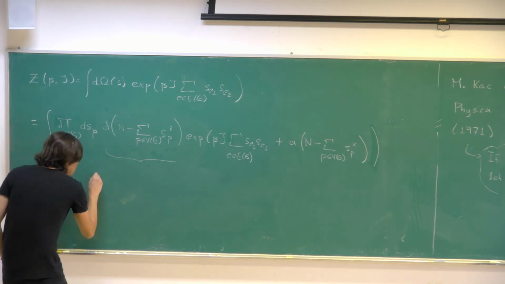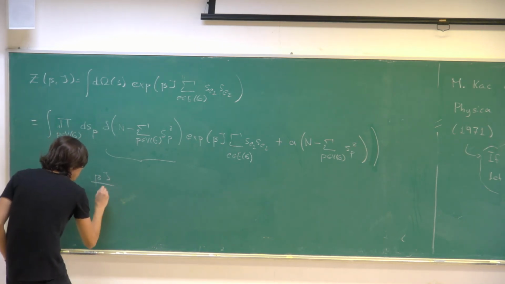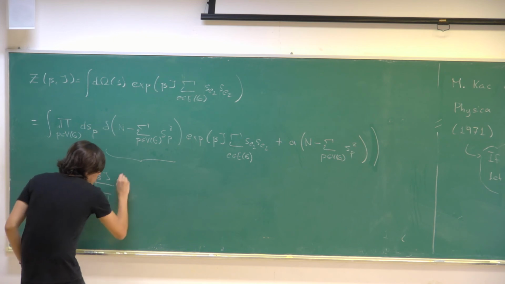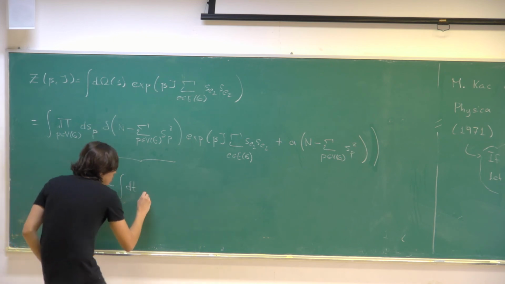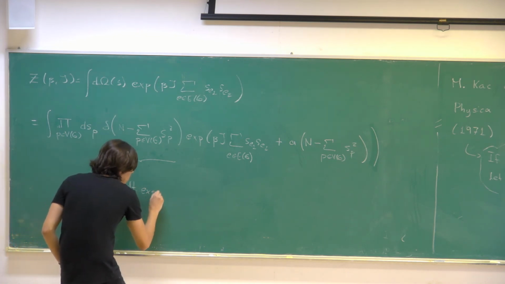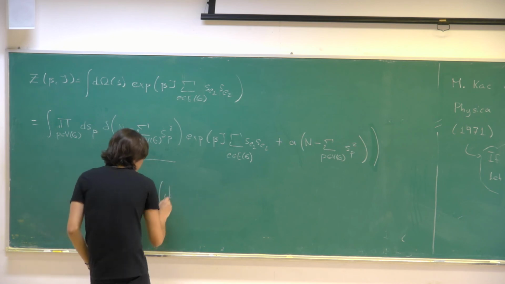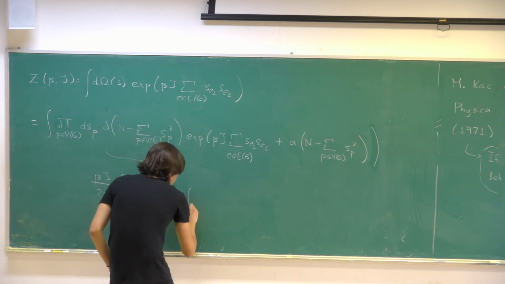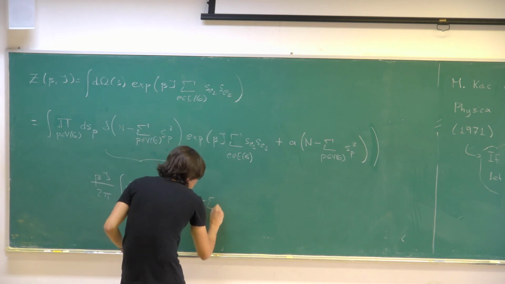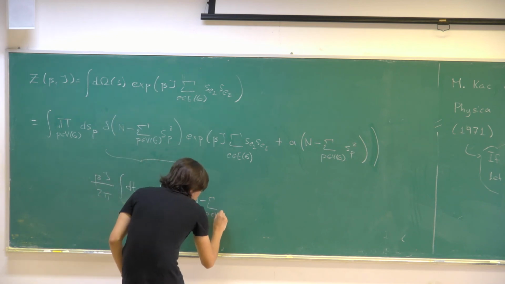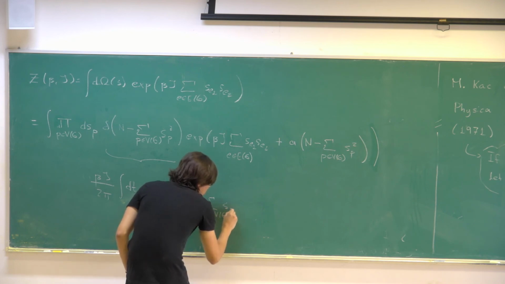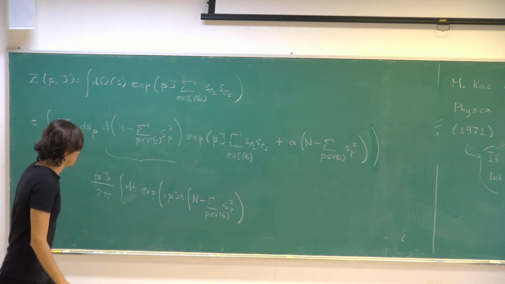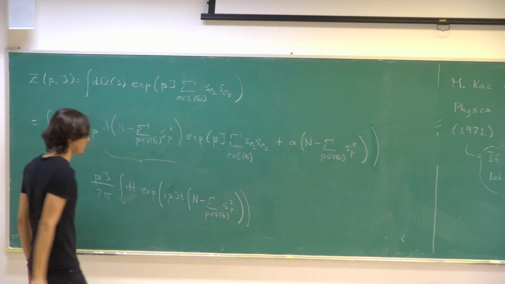I'm going to choose the integral representation of beta J divided by 2 pi, integral dt of the exponential of beta J times n minus the sum of s squared. So that's the integral representation that I'm going to use.